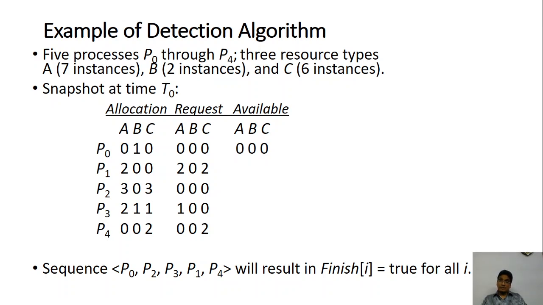Just imagine the same situation, but suddenly P1, P2 becomes greedy. P2 just says, "Can you give me one more C?" In that case, what's going to happen? In this case, look at what happens. The algorithm comes here.